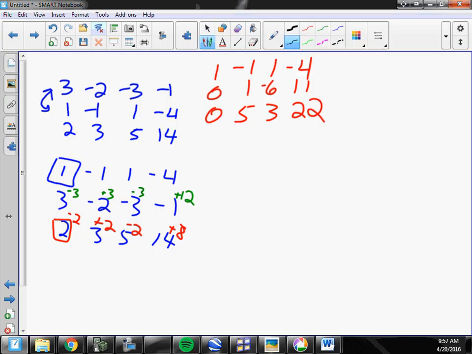Now luckily, I already have my second one in place. So I use that to clear out the numbers above and below it. So I can just add the first and second, and that will clear out this number. So if I add 1 and 2 together, 1, 0, negative 5, 7, and 0, 1, negative 6, 11.